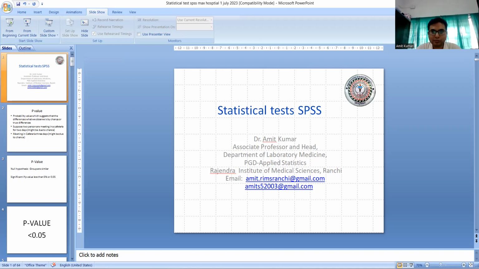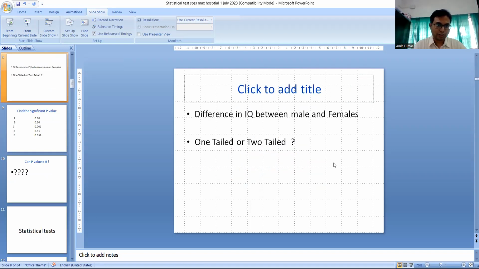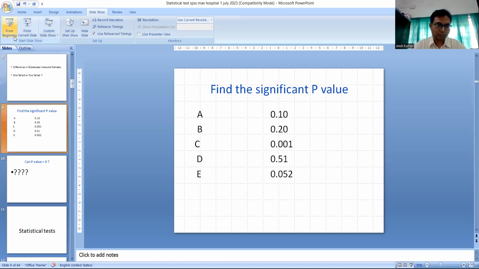Two-tailed. Sir, your slides are not moving. Slides are not moving? No. Please start the slideshow. It's moving, but it is not in slideshow mode now. Now is it visible? Yes, I can see the slide.